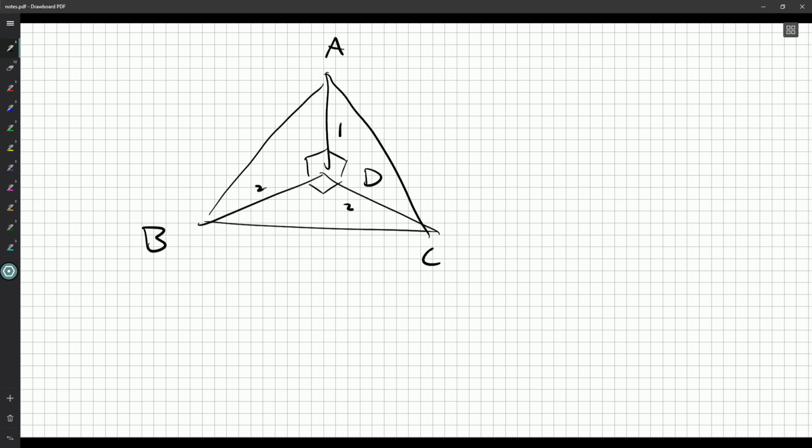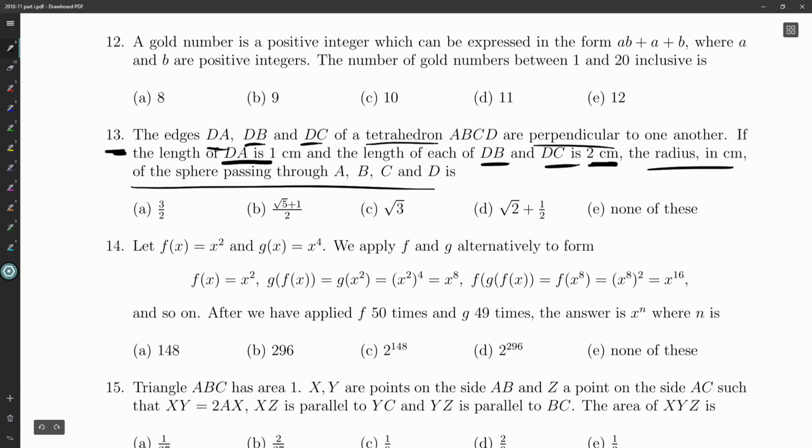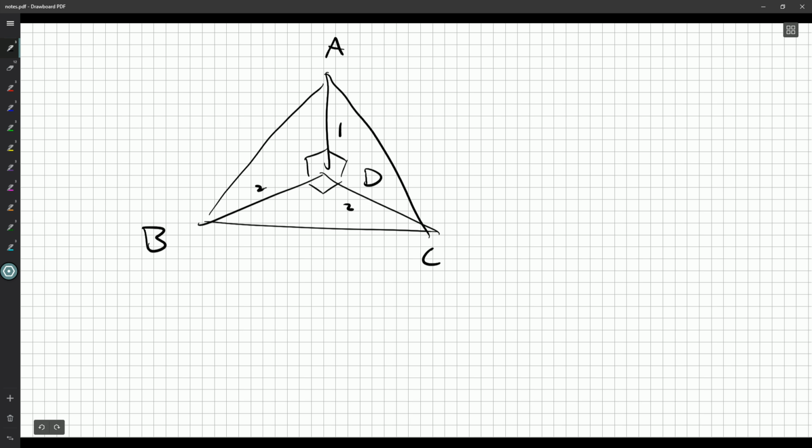Okay. So it's a 3D geometry question. I just want to make sure I got those lengths right. Yeah, DA is the one that's 1. So a sphere. Now, if a sphere hits these points, notice that, for example, A, C, and D lie on a triangle.